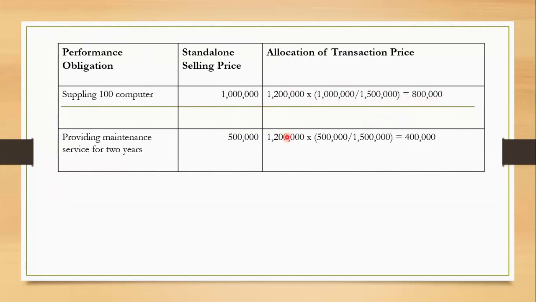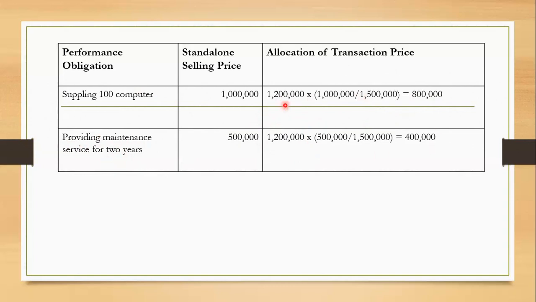In the same way, we can allocate the transaction price for the maintenance service. The total transaction price is 1.2 million. At the same time, in a package of product worth 1.5 million, 500,000 is applicable to maintenance service.